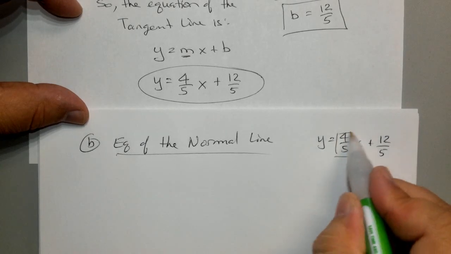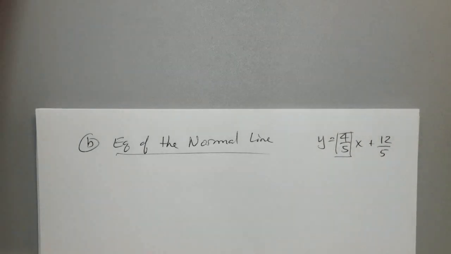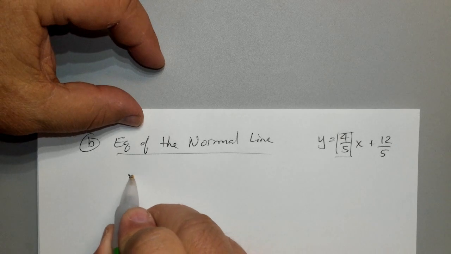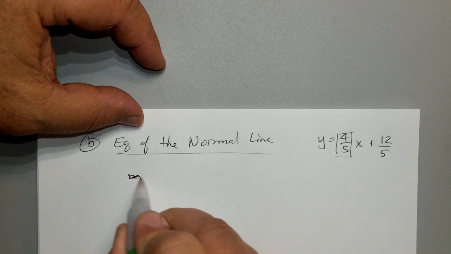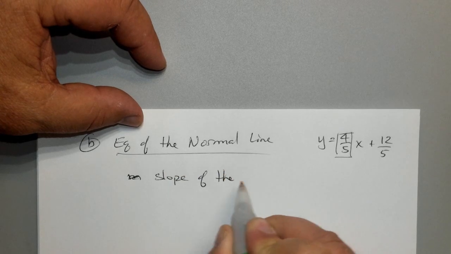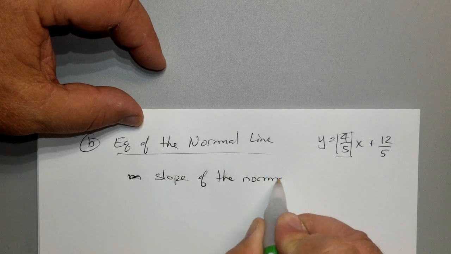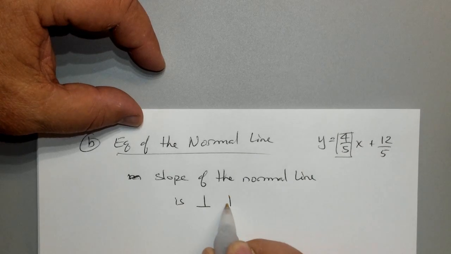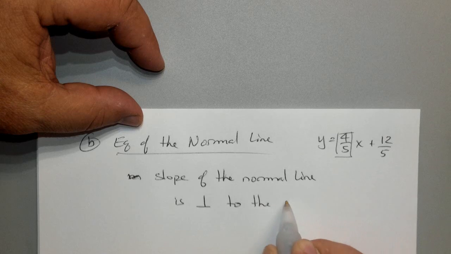So we know the slope of the tangent line is 4 over 5. The slope of the normal line is perpendicular to the tangent line.